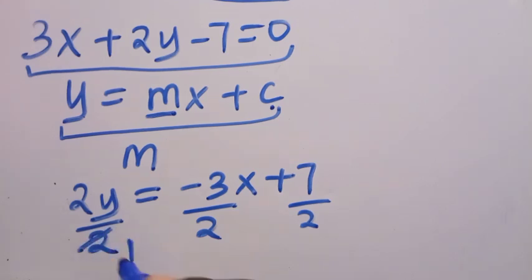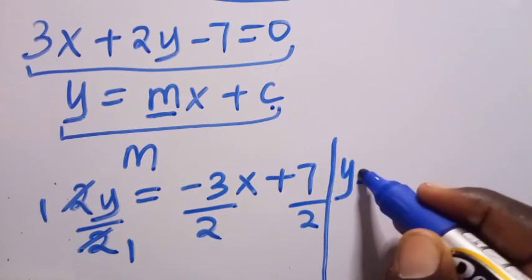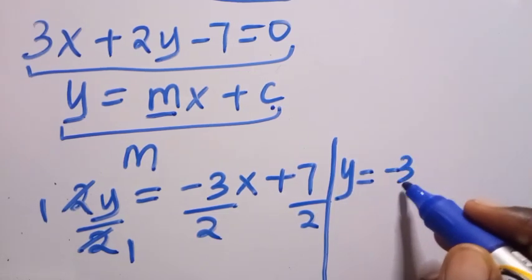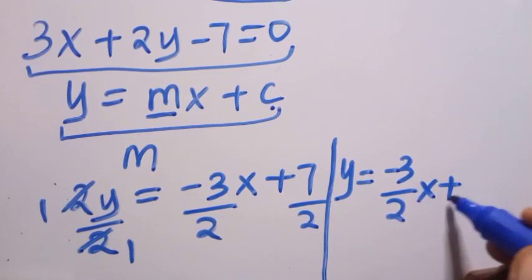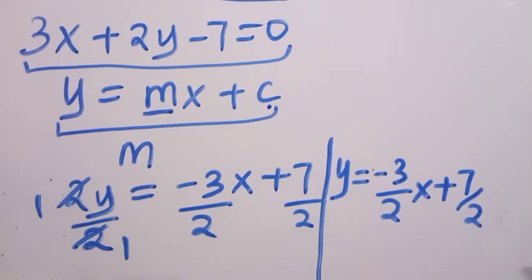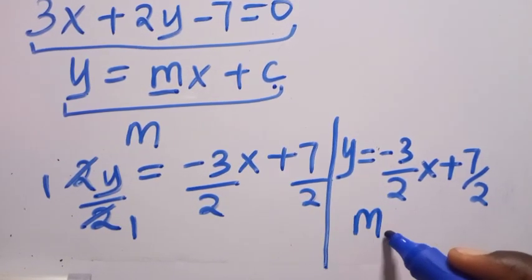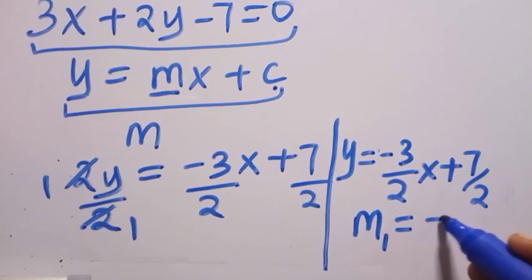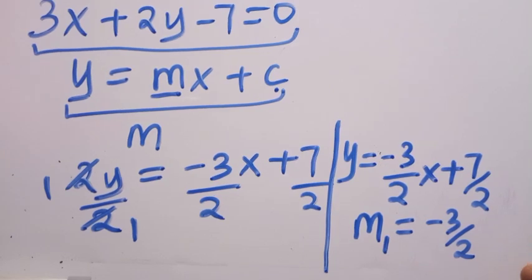Therefore, y = -3/2 x + 7/2. Since that is what we have, the gradient of this line is -3/2, and I can write its gradient as m1.